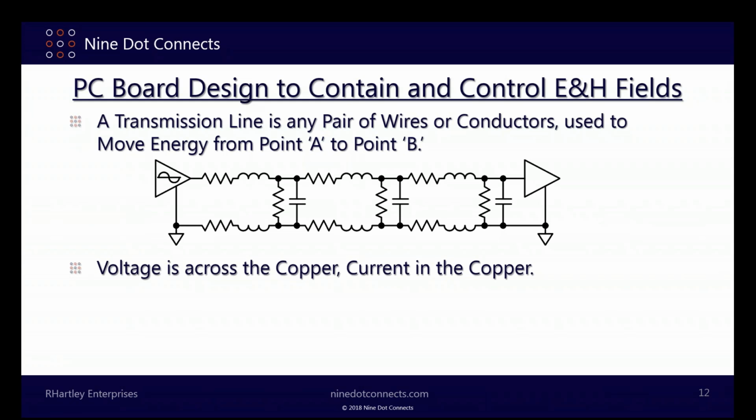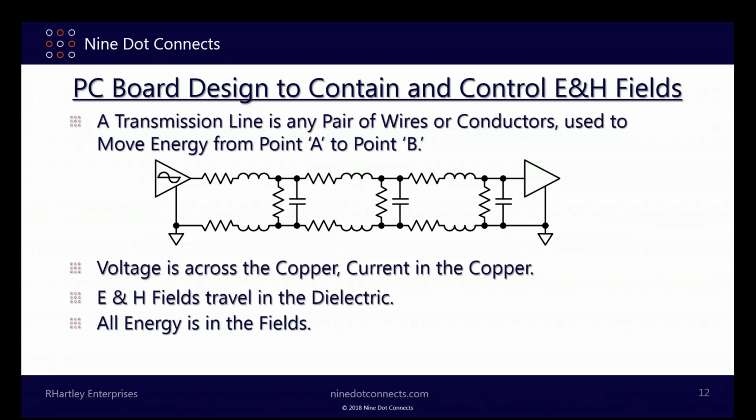The voltage is across the copper features, so from the line to what we'll call the ground line, or a plane. We'll assume for the moment it's a plane. The voltage is from the copper routed line to that plane, and the current is in both lines. Remember, the energy, the fields, are in the dielectric, and all the energy is in the field.